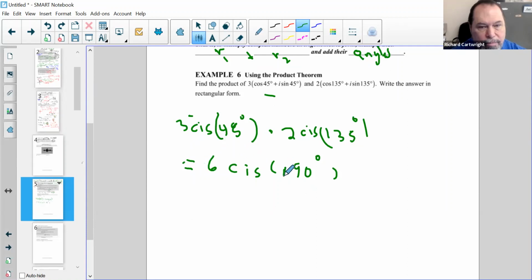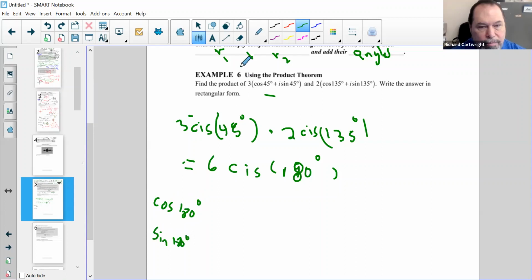Oh well, I got excited for nothing. So I do need to know what the cosine of 180 degrees is, and the sine of 180 degrees.